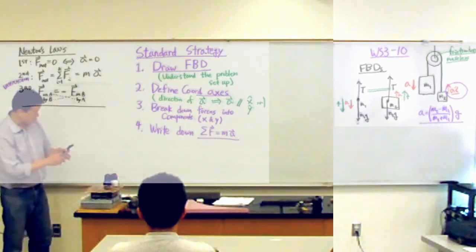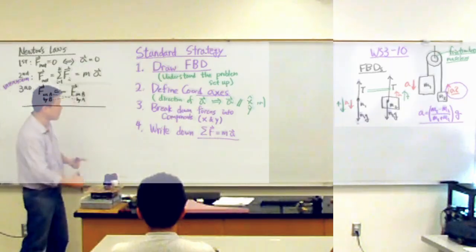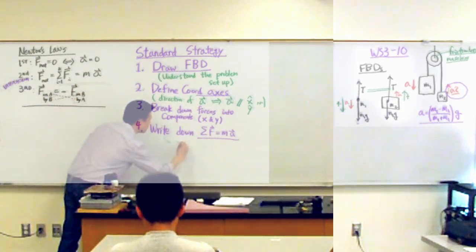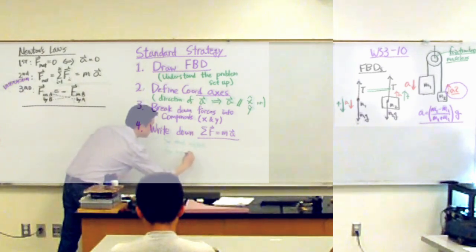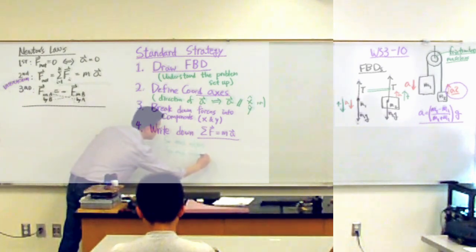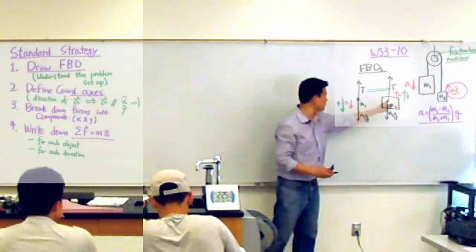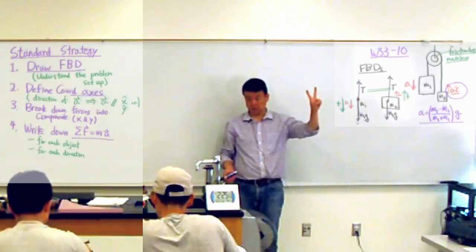As you write this down, let me just point out two things you should watch out for. You write down an equation for each object and for each direction or each dimension. So right now this is a one-dimensional, two-object problem, right? So I'm going to be writing down two equations.